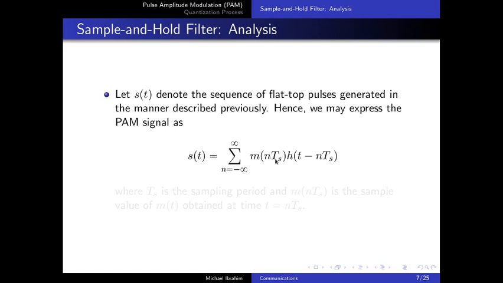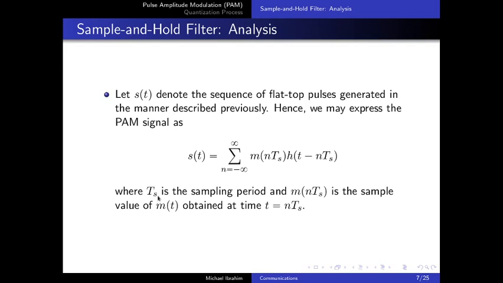And then if you put n equals 1, we will have m of Ts multiplied by h of t minus Ts, which means that we will be shifting the rectangular pulse from 0 to time instant Ts, and then the amplitude of such pulse would be m of Ts, which is a sample value, and so on and so forth for all values of m of nTs. So Ts is a sampling interval, m of nTs is a sample value of m of t obtained at time instant t equals nTs.